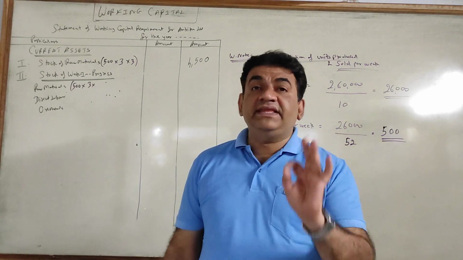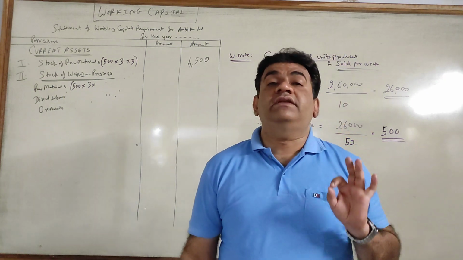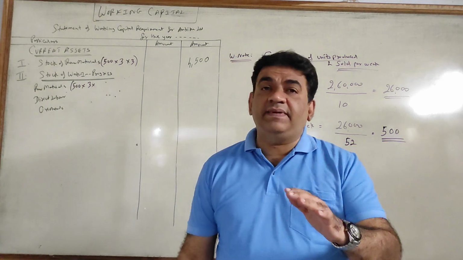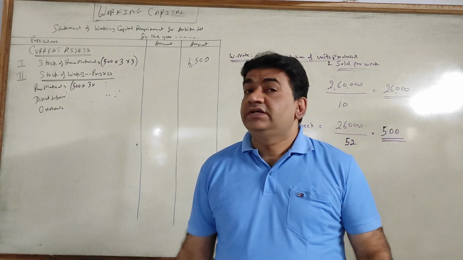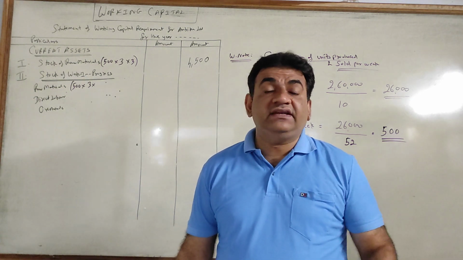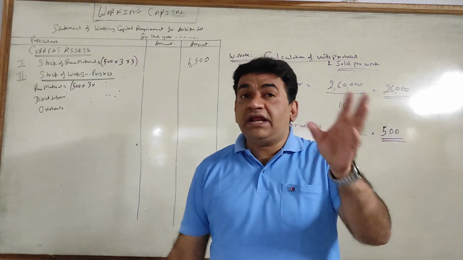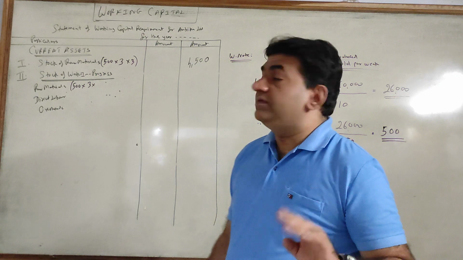So processing period is the number of weeks which is applicable to stock of work in progress. So when I say factory processing takes 3 weeks, raw material, labor, overheads which are a part of WIP, everywhere the number of weeks will be 3.